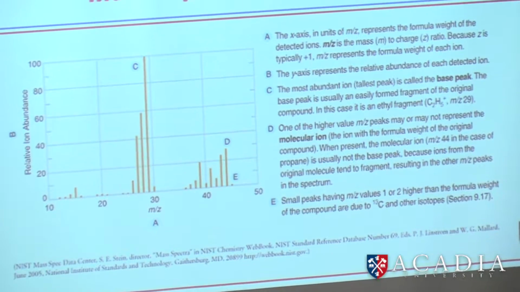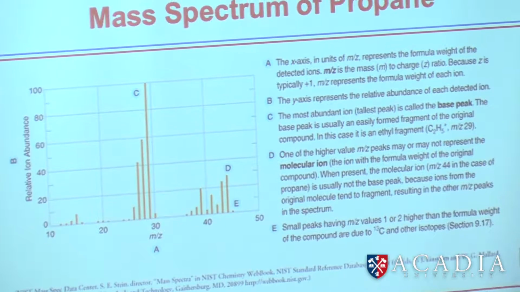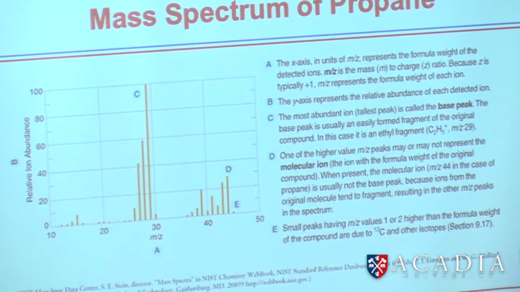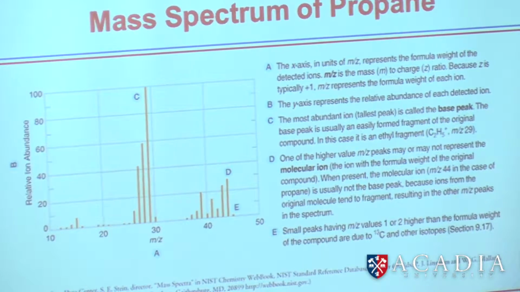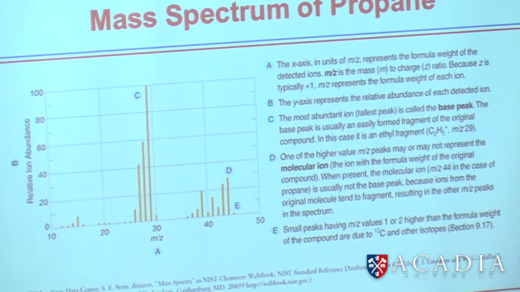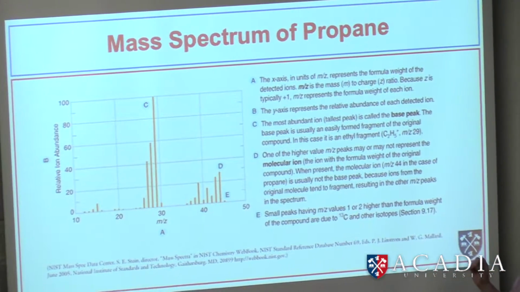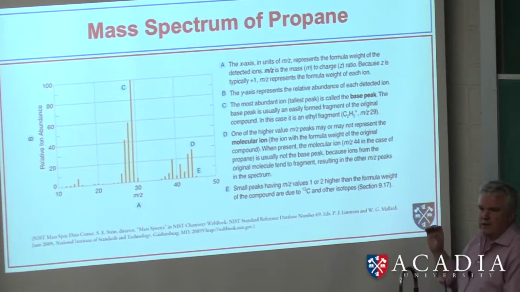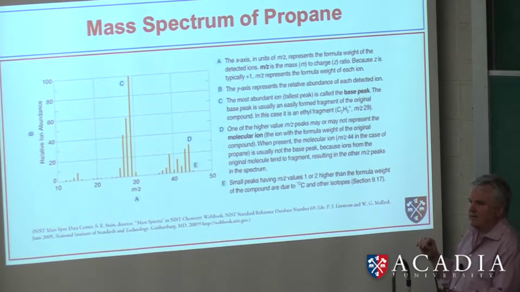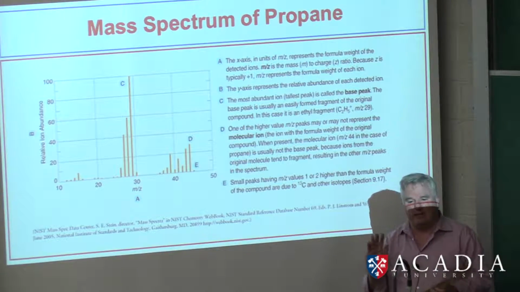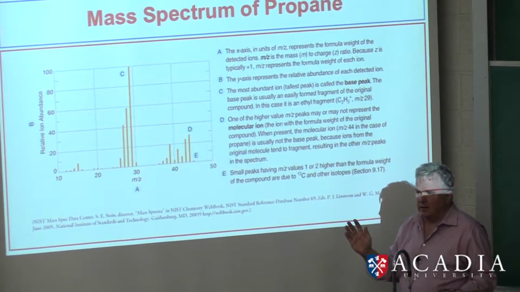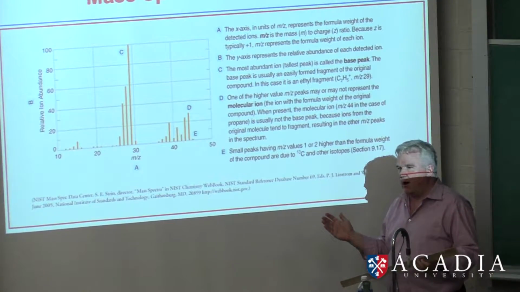What else do we see in these things? Well, one of the things we see is a lot of different peaks. Why do we have all of these different peaks? Well, if you think about it, we've just knocked an electron out, high energy, 1,600 kcals per mole. That's enough to break bonds. Those radical cations are very unhappy species, and they break apart into more stable compounds.